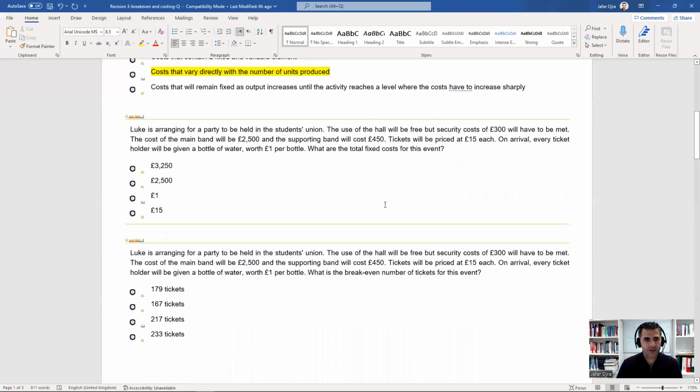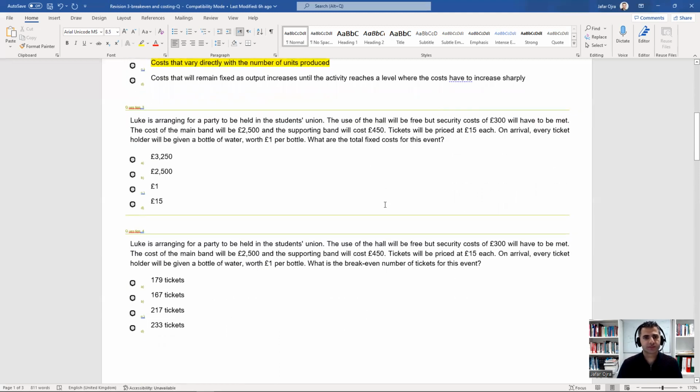Luke is arranging a party to be held in the student union. The use of the hall will be free, but there's a security cost of £300 that will have to be met.